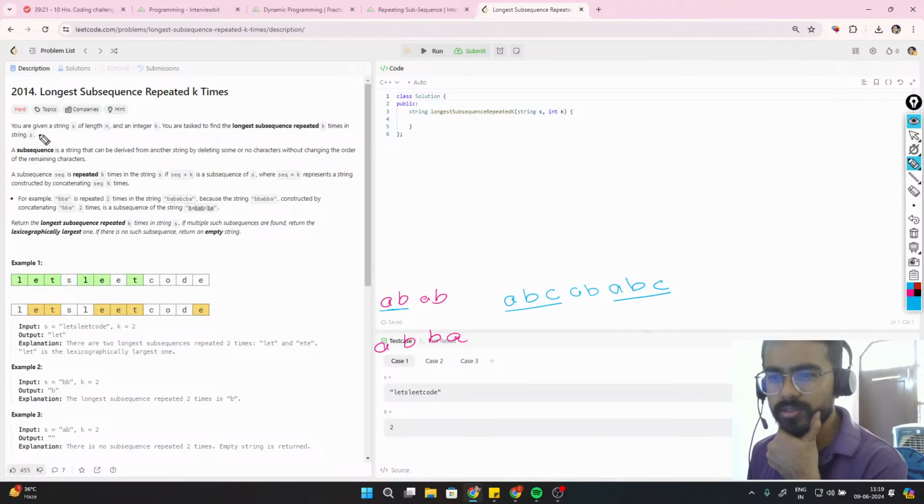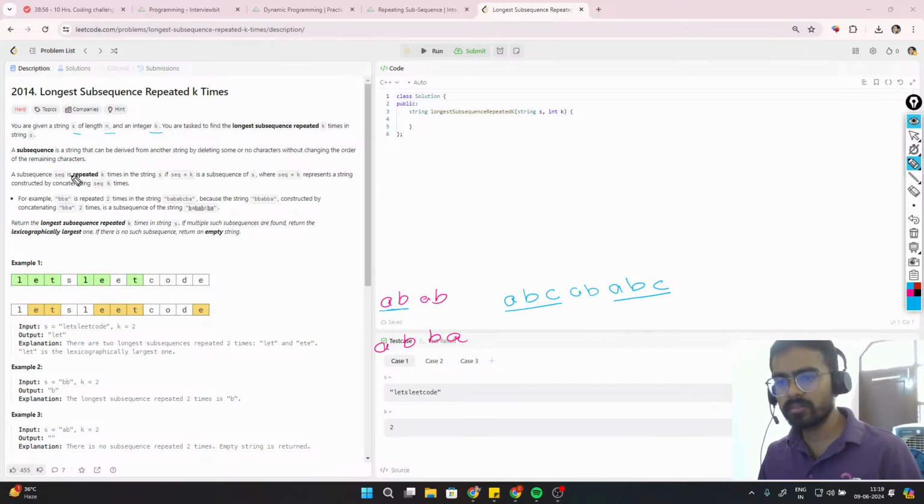Let's understand this question. You are given a string s of length n and an integer k, and you are tasked to find the longest subsequence repeated k times in the string s. A subsequence is a string that can be derived from another string by deleting some or no characters without changing the order of the remaining characters.